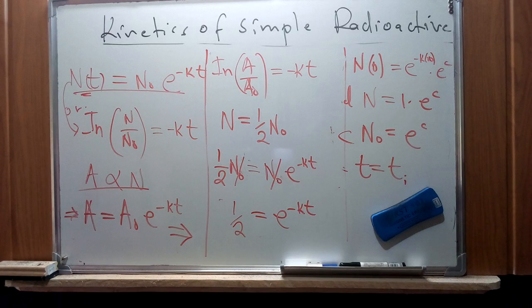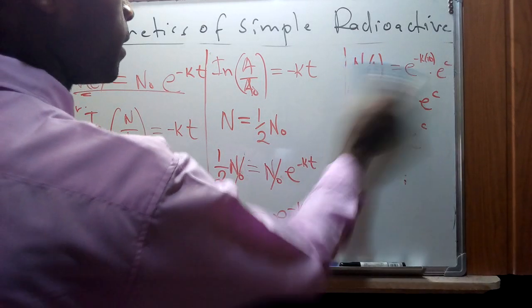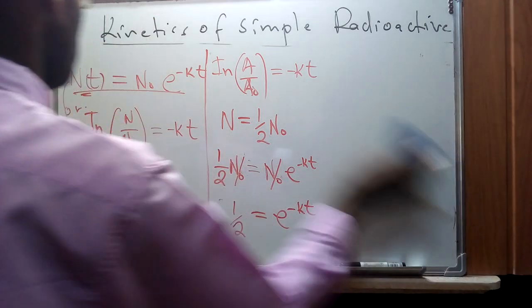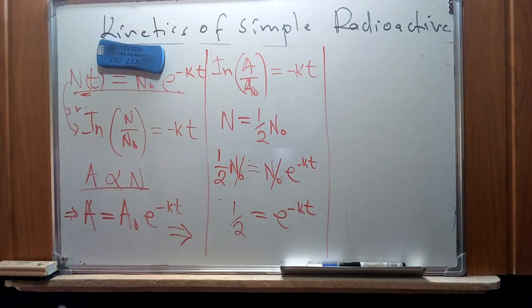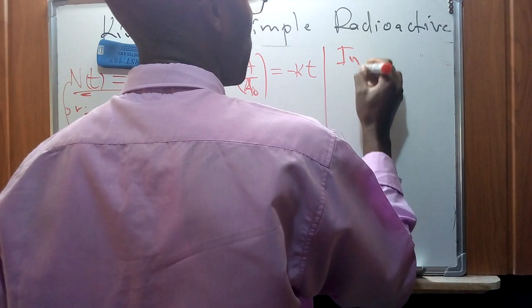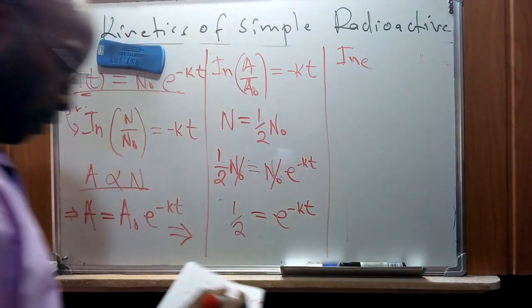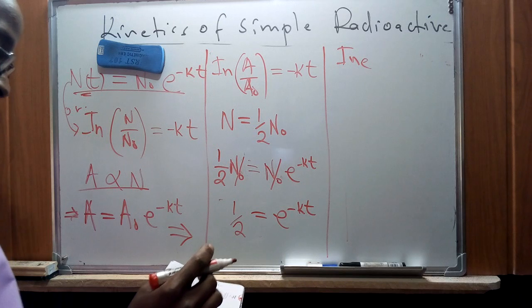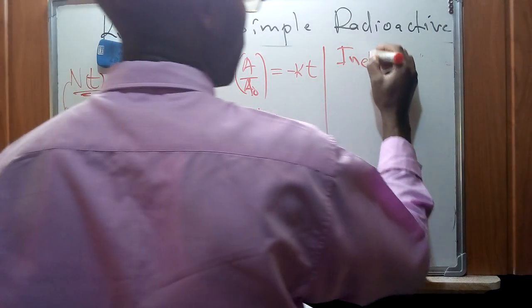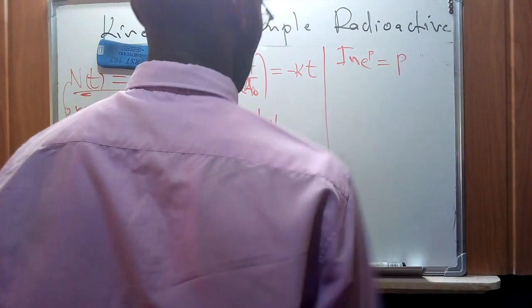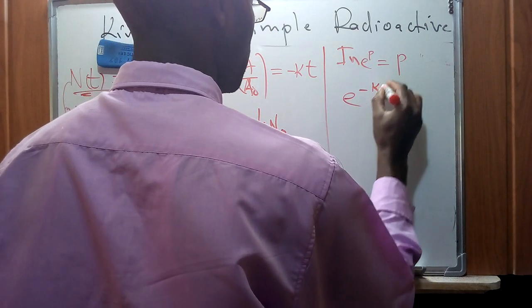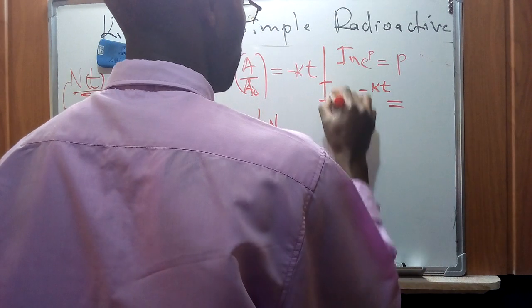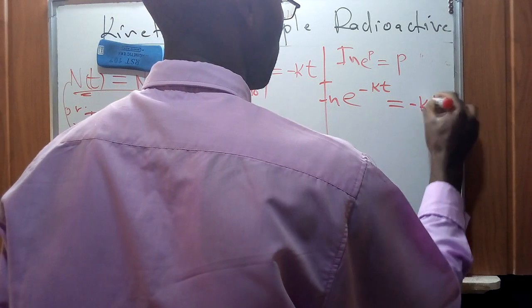So taking logarithms on both sides, we know from the laws of logarithms that the natural logarithm of e to a power gives us that power. So if we have the natural logarithm of e^(-kt), this is going to give us negative kt.